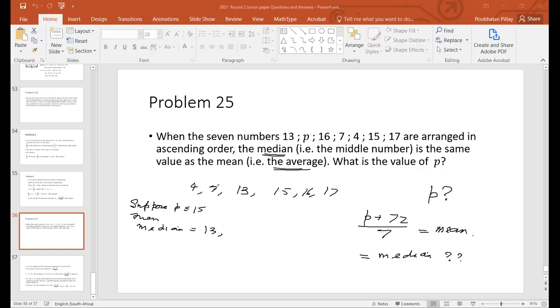Now, suppose P is anything less than this, the median will be 13. Even if P is equal to 13, then 13 will be the median. P will have to be put in here somewhere, and 13 will be the median.